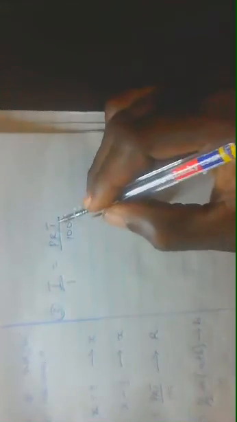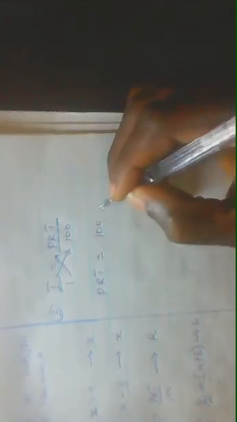This is I all over 1, and this is PRT all over 1. Or since this is a fraction, you can simply cross multiply here. This is I multiplies this 100 here, and then this multiplies this. So what you have here is PRT times 1 will give you PRT, equals 100 times 1 will give you 100 I, or 100 times I will give you 100 I.